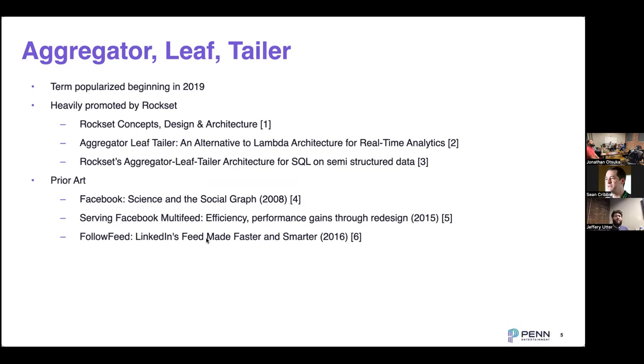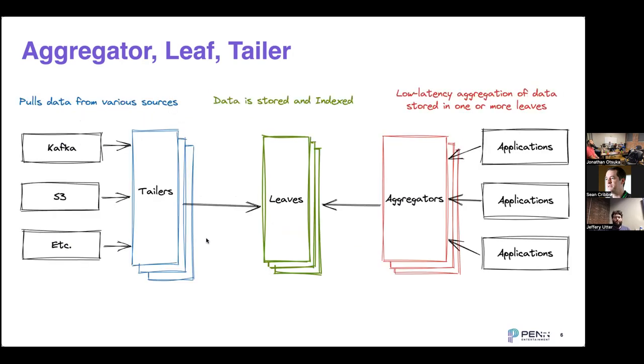There are some talks or articles by Facebook, called Science in the Social Graph. I think the first two are Facebook, and then a LinkedIn talk as well, where they use some similar concepts and a few of these terms, but the first time I could find it being referenced was by Rockset as aggregator leaf tailor.